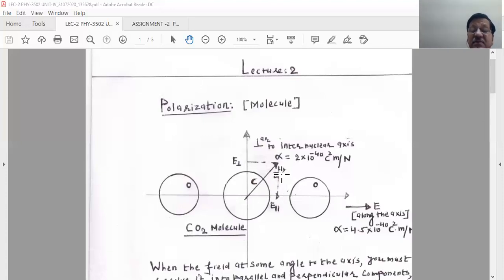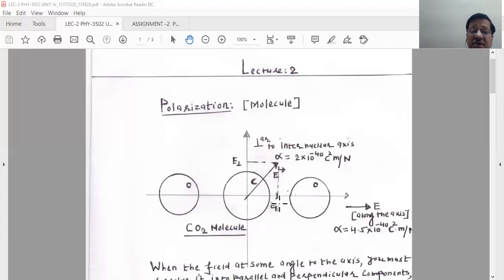In that case, you can resolve your electric field into two components. You have a component of the electric field along the internuclear axis, the reference axis which you have considered, known as E parallel, and you have a perpendicular component of the electric field, which is normal to the internuclear axis.